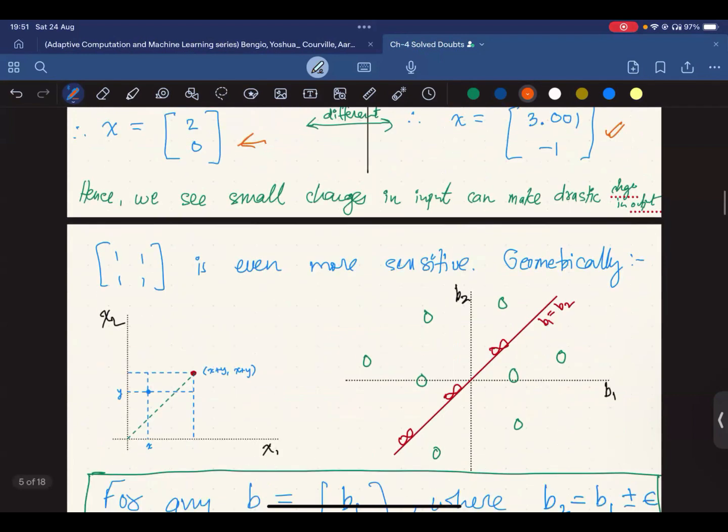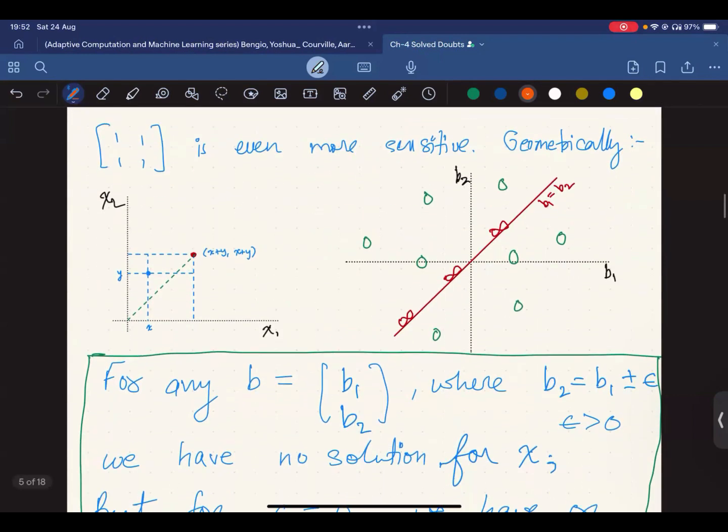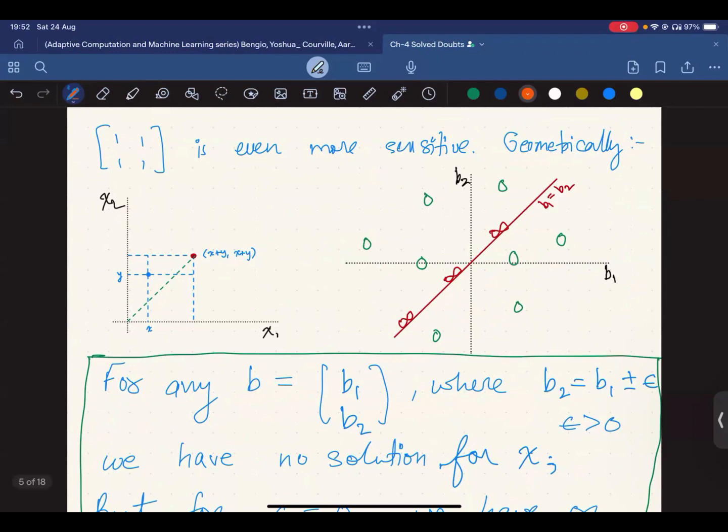Geometrically, the matrix 1 1 1 1 has determinant 0. So it's technically transforming the data, for example 2D data, onto a single 1D line, as you can see on the right. If the input b is on this line, we get some value of x. But if it is not on the line, or even very close to the line, there is no corresponding value for the input.